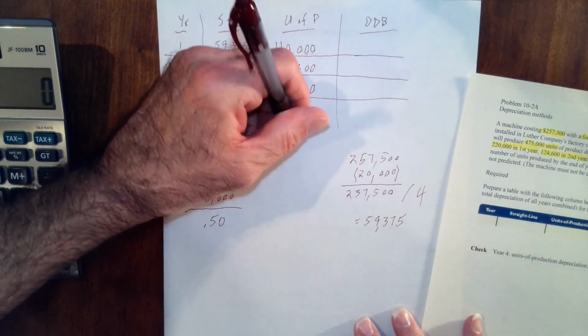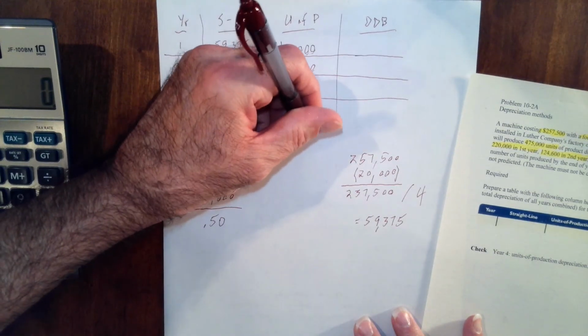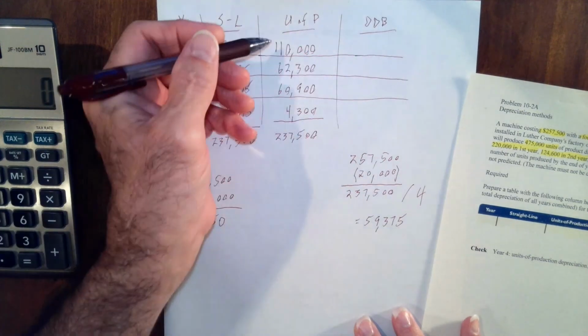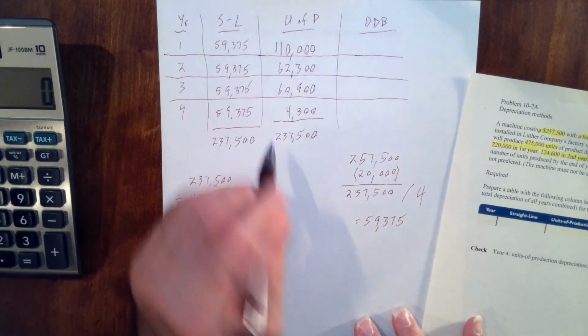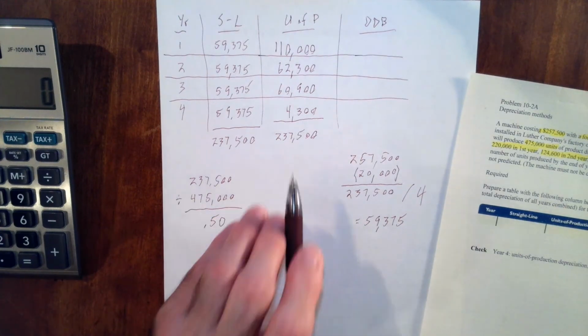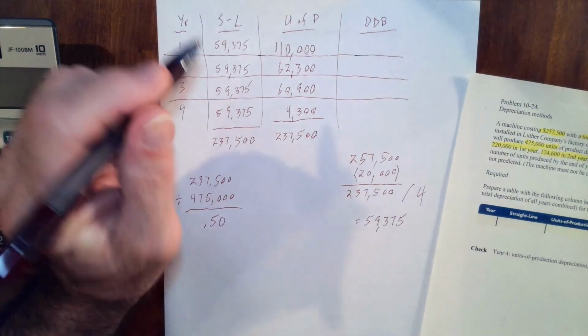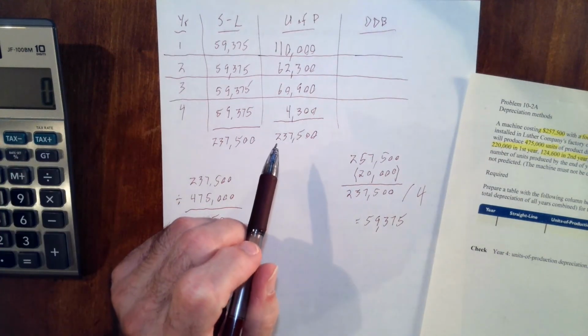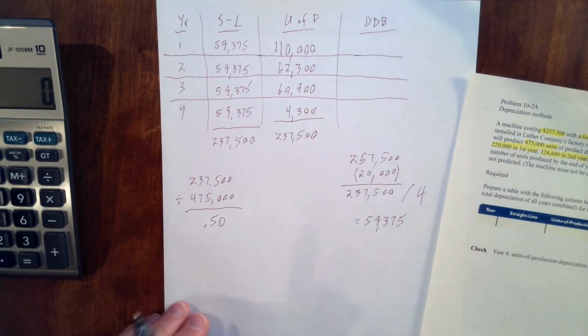I'm not going to calculate it right now, but I will tell you, if you were to go through these numbers here and add them up, they will equal 237,500. Excuse me. So you can do that on your own time, not my time. And so there you go. There's the units of production.